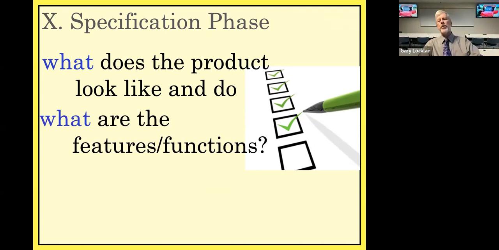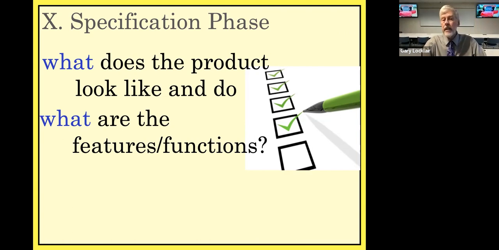The related question is really just a little more computer science-y than the first one. What are the features and functions? What external user-facing features are there? What are the buttons? What are the boxes? What are the functions? What are the algorithms and data structures behind those outward-facing features?